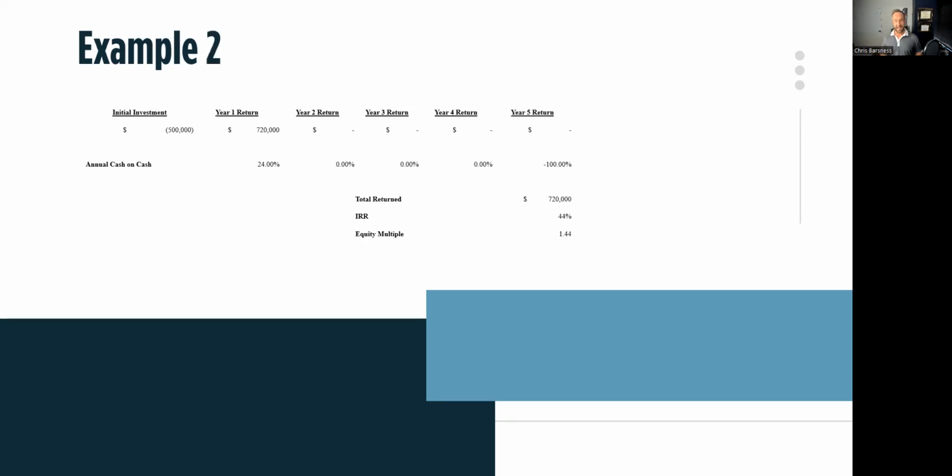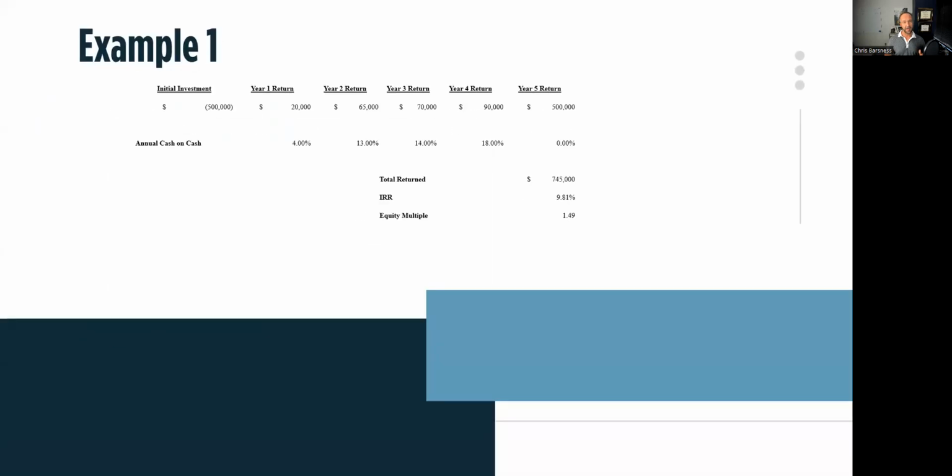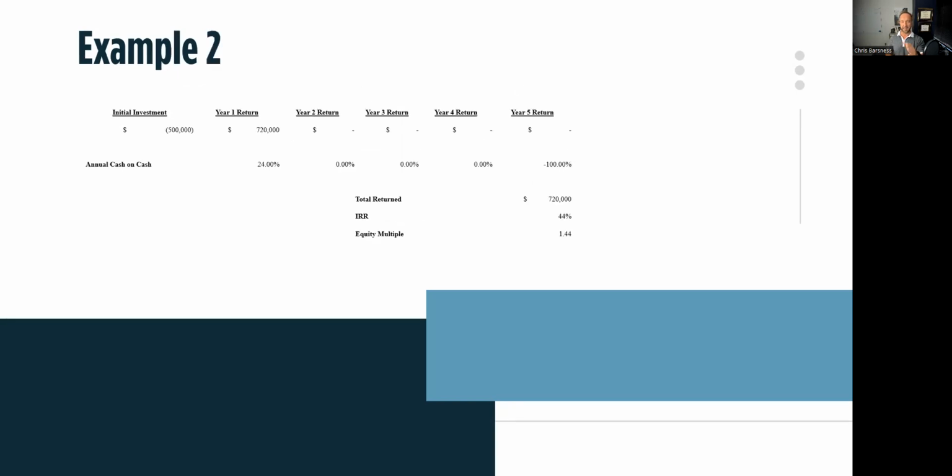This example looks at the difference if it's a short-term return. So you put in 500 grand, and in year one, you get your money back plus $220,000. Compared to the prior example, where you're getting 745,000, this one, you're getting 720,000 back. Similar amount of money back, but look at the IRR.